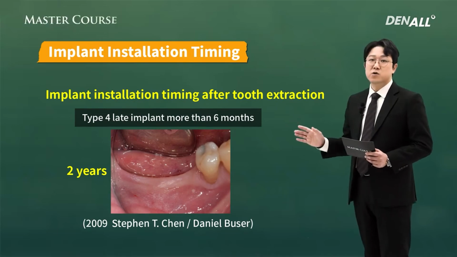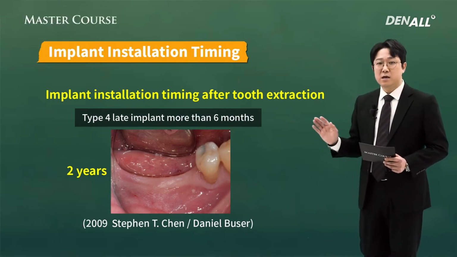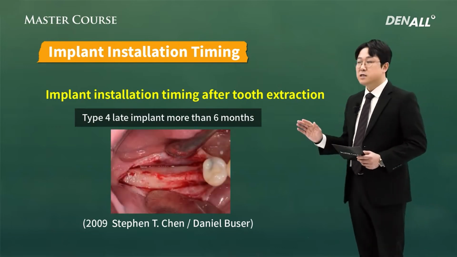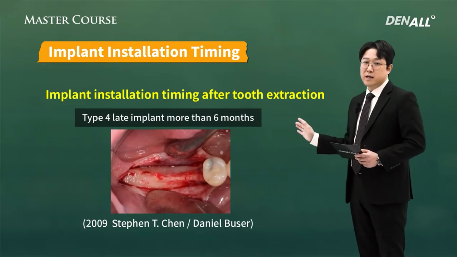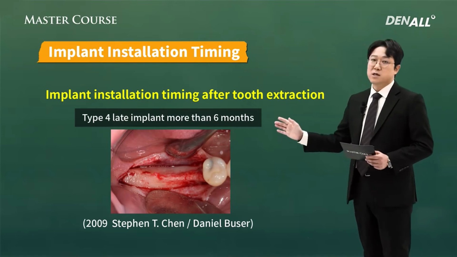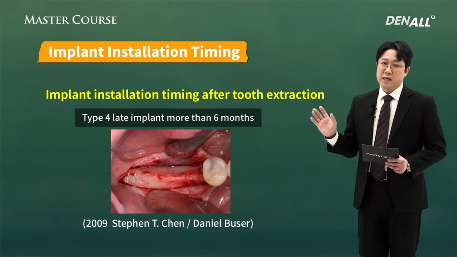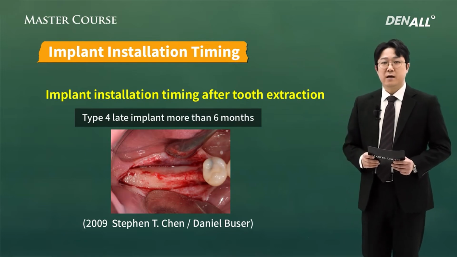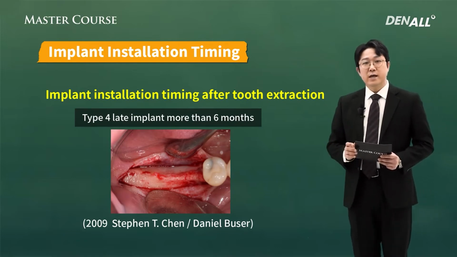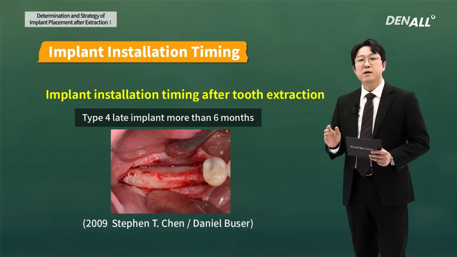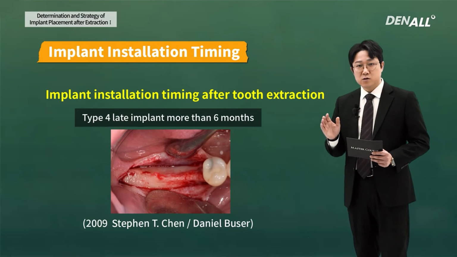You can see that the socket has healed completely, but there's much less volume. When I open the flap for implant placement, the bone healing is complete, but resorption is very significant.